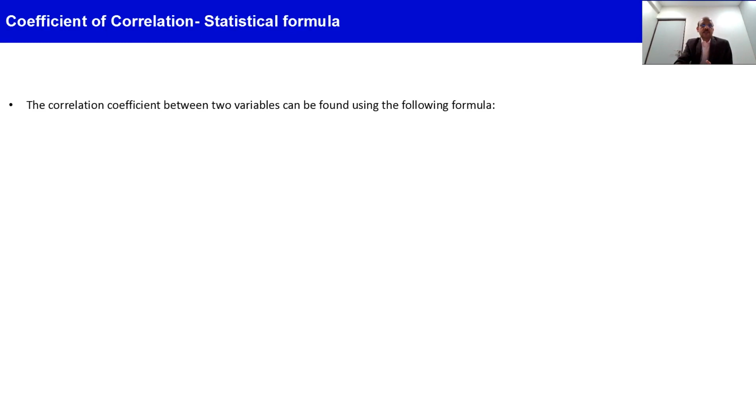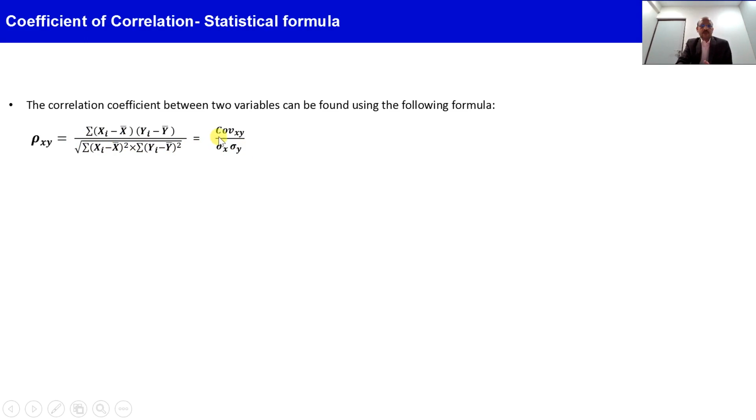Now let's understand how the coefficient of correlation is calculated statistically. The formula is: the numerator is the same as covariance, summation of (x minus x bar) times (y minus y bar), and the denominator is the square root of the sum of (x minus x bar) squared times the sum of (y minus y bar) squared, or we can also say sigma x and sigma y.